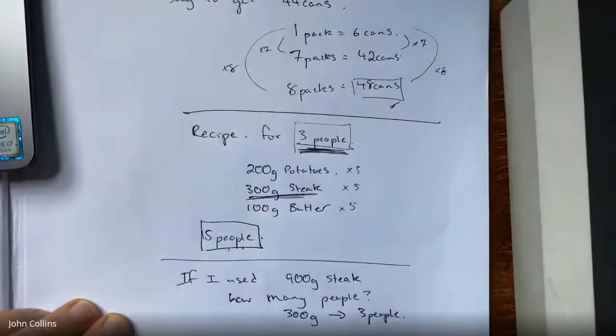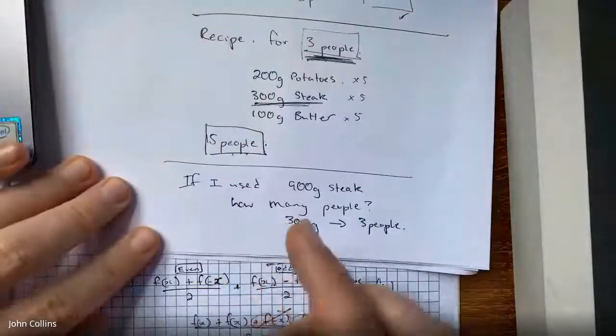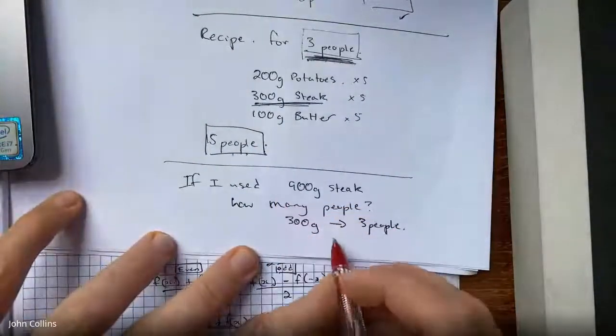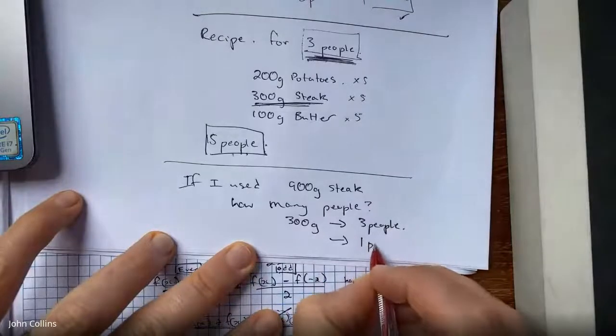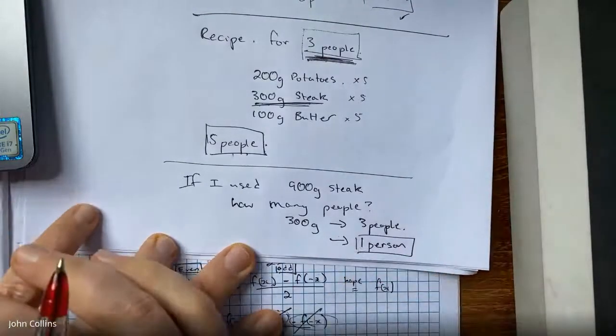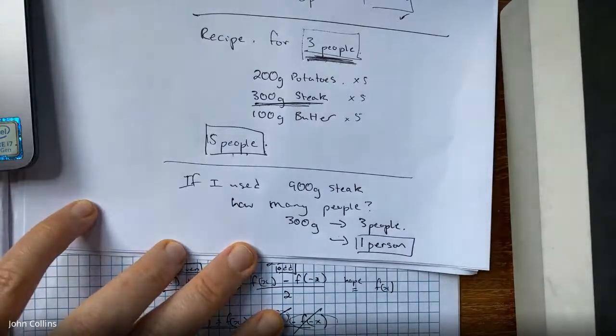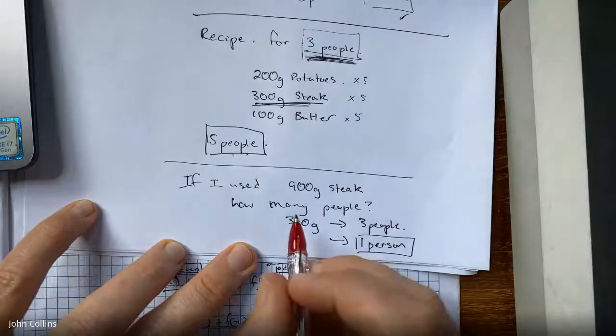So this is moving on to something called the Unitary Method, which we looked at a little bit yesterday as well. So if 300 grams is 3 people, unitary, get it back to 1 person. A good thing in proportion is to figure out what 1 person's proportion of the steak would be.